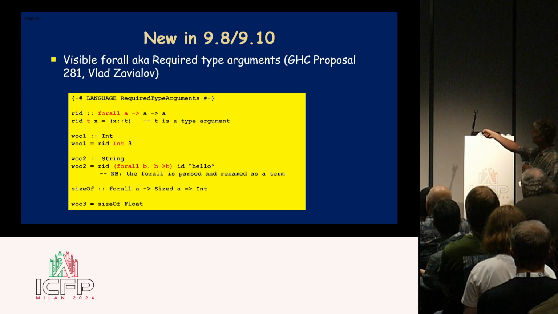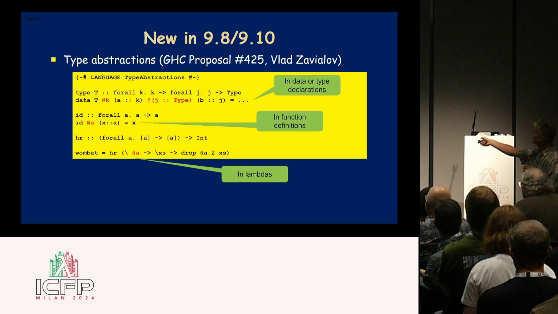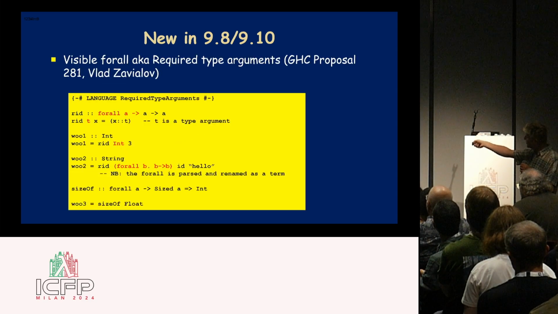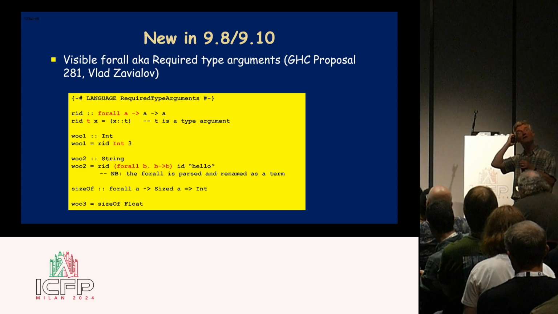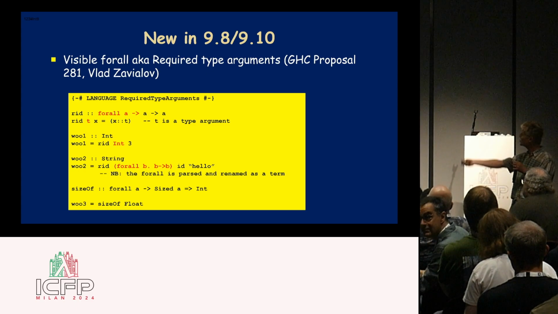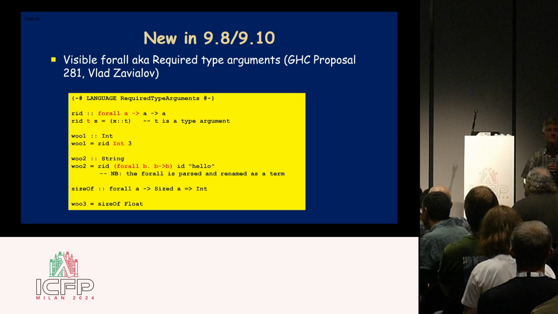So this part is called required type arguments. If something has a forall type, you don't need the little at.